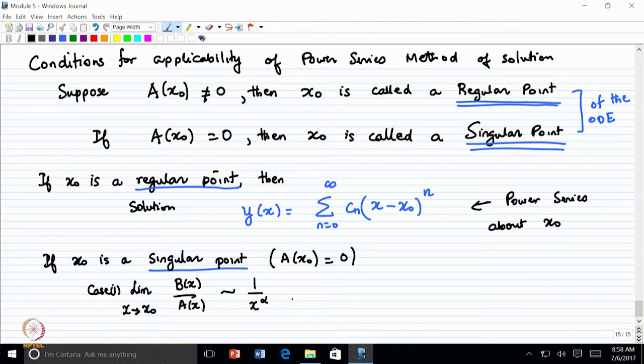So, alpha greater than 0. Now, if this alpha that you have is less than or equal to 1.